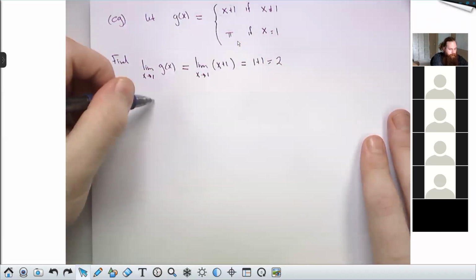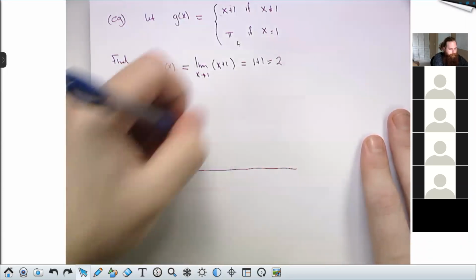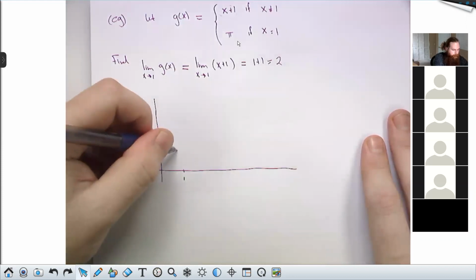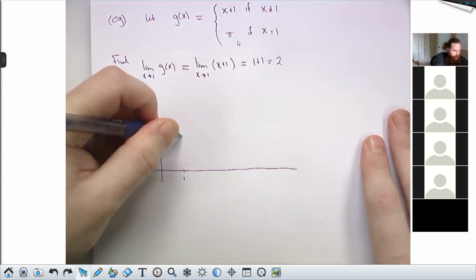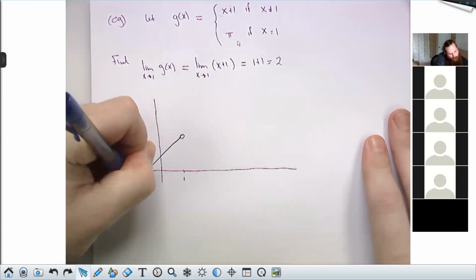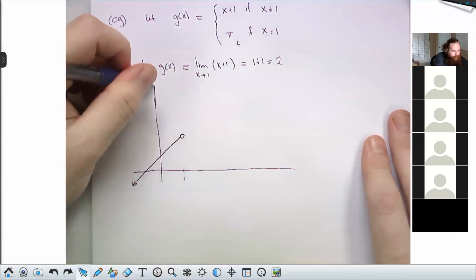Here the graph looks similar to the graph of the functions we were just playing with. I'll mark this as 1. X plus 1 would look like this. And pi would be up here.